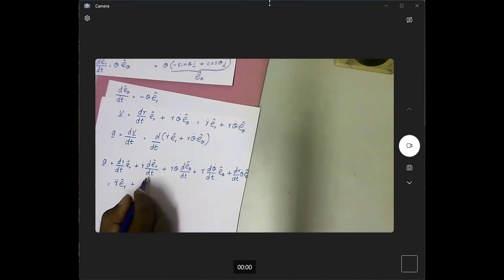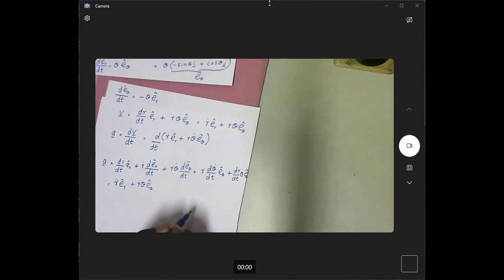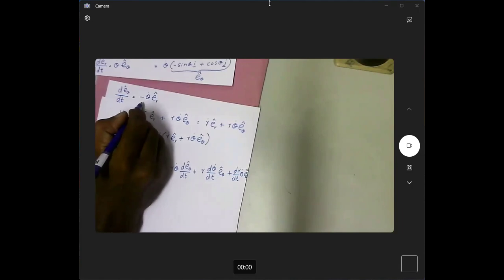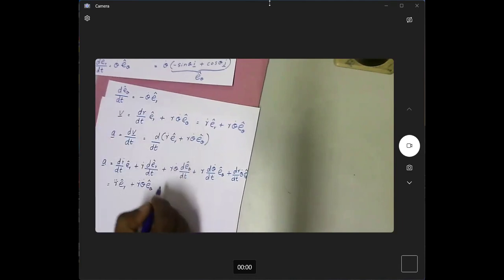Theta dot d theta, right? r dot theta dot d theta. Then r theta dot d theta over dt. So d theta over dt we found as minus theta dot er.